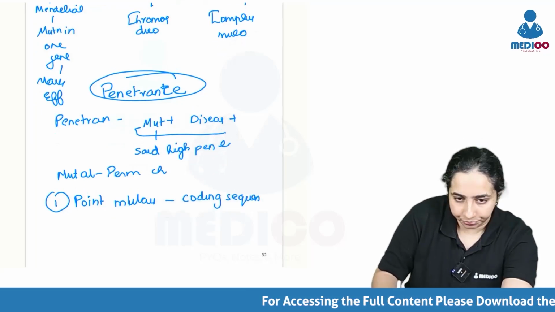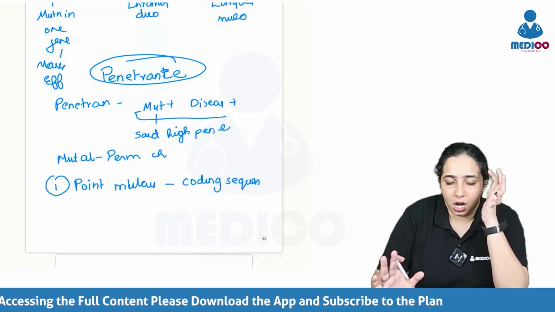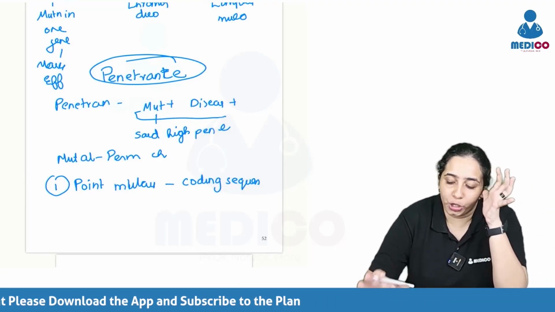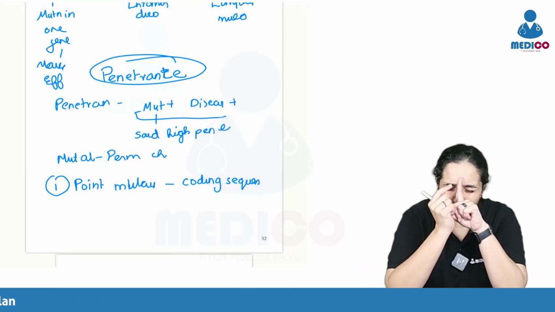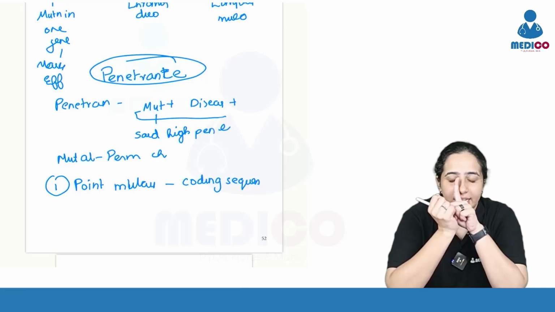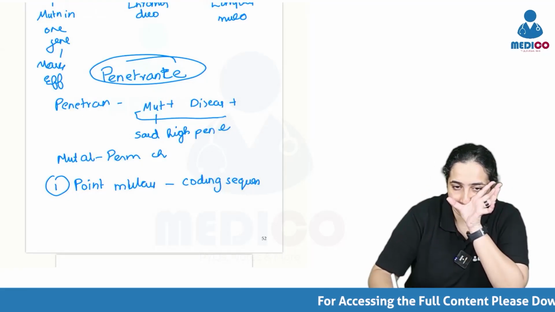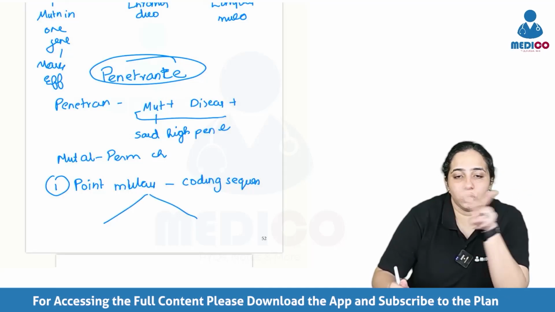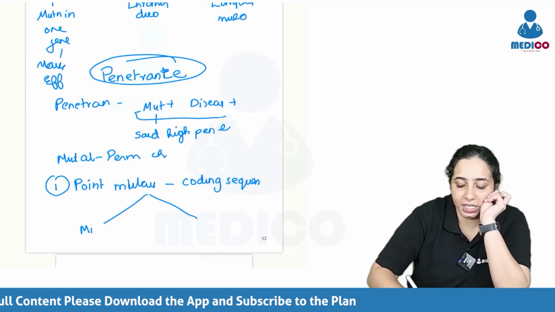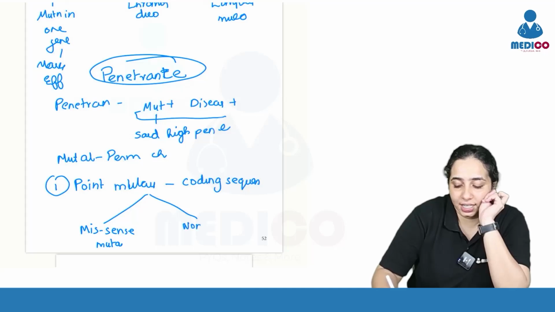A point mutation means only a single nucleotide is getting changed and that change is occurring in a coding sequence. Now, that point mutation can be of 2 types. It can either be a missense mutation or it can be a nonsense mutation.